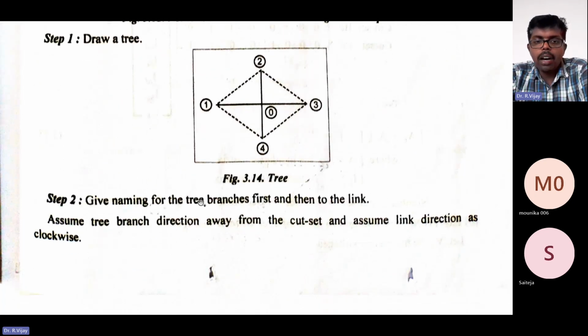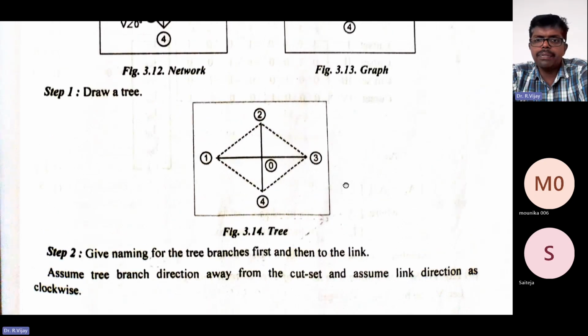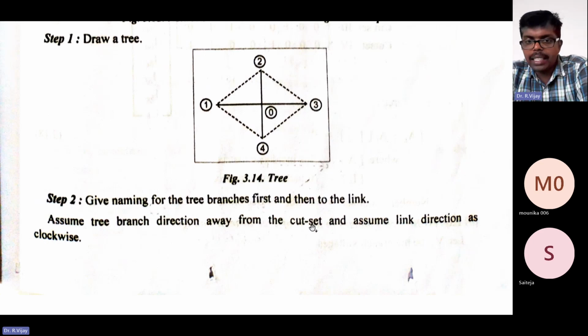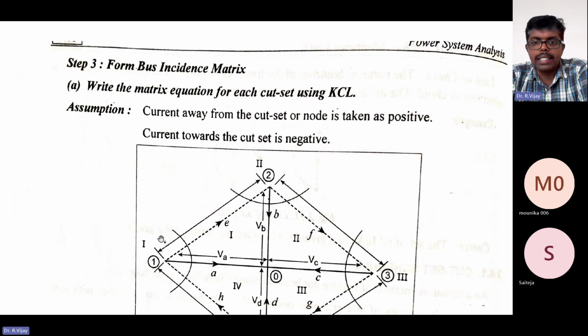Give the naming for tree branches first, then to the links. Assume tree branch direction away from the cut set, and assume link direction as clockwise.